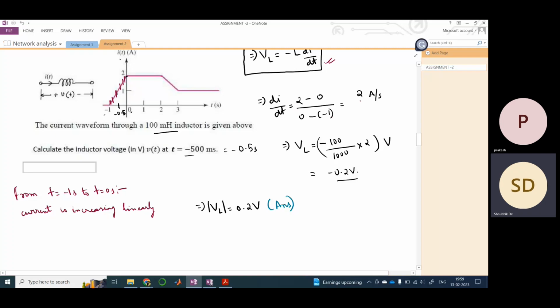This is constant all over the line from minus 1 second to 0 second, and we use that to find the value of the voltage. So this voltage would be the same at any point between minus 1 second and 0 second, even at minus 100 millisecond. It has to be the same unless your inductor value changes, because di/dt is the same since it is a linearly increasing straight line.